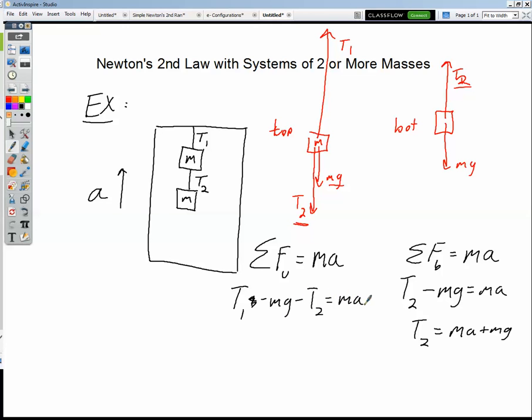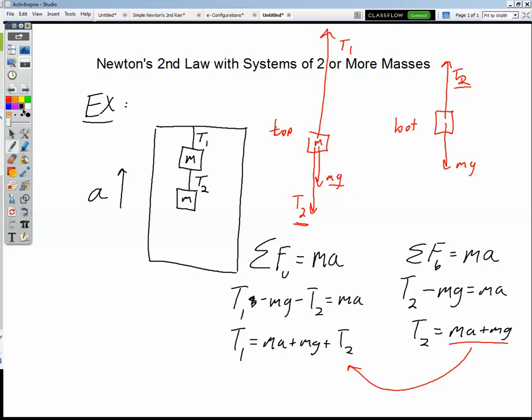So solving this for T1, we have T1 is equal to ma plus mg plus T2. But we already solved for T2 over on the other side. T2 is ma plus mg. So let's go ahead and plug that in there.